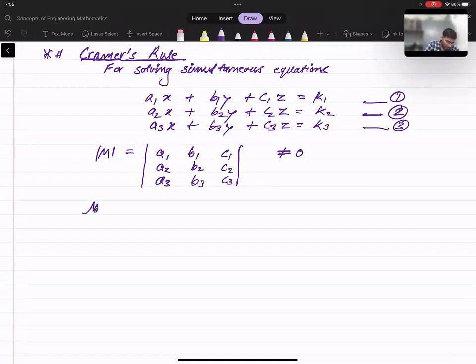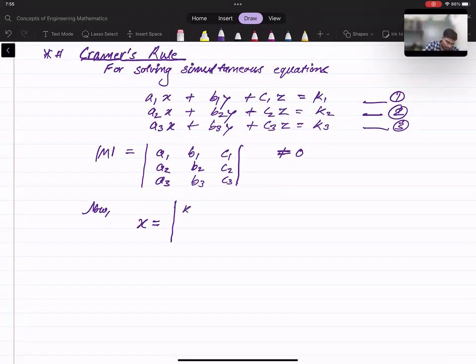Now all the values are given. For finding x, simply replace the coefficients of the particular variable which we want to find with the constant values given on the right hand side. Since x is the first variable, its coefficients are a1, a2, and a3. So we will replace them with the constant values k1, k2, k3 respectively, and the remaining part of the determinant remains unchanged.